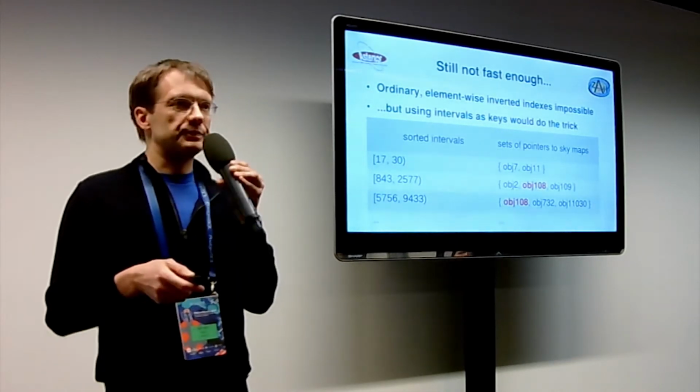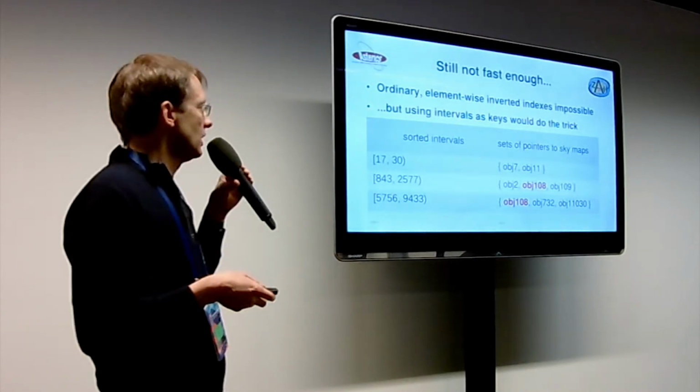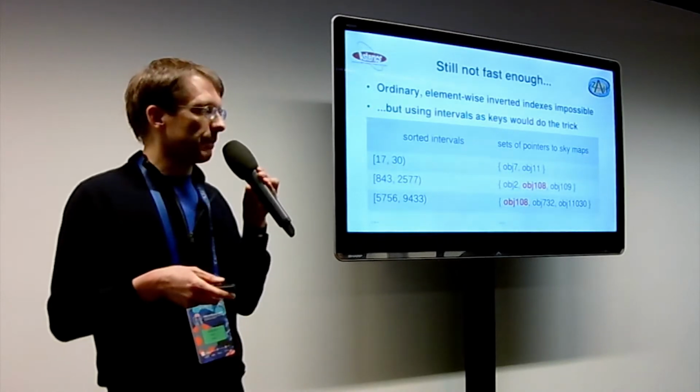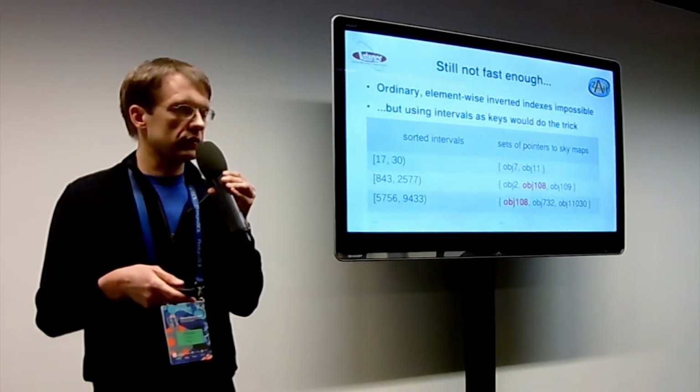However, if one would do a slight modification to this, namely not use the single elements of the set as keys, but the intervals, then it should work. Then you have something like, if you have been to the RUM talk, something like the RUM or GIN structure.